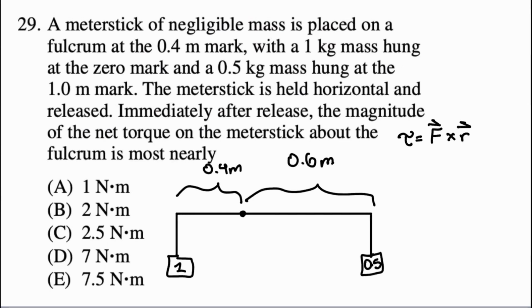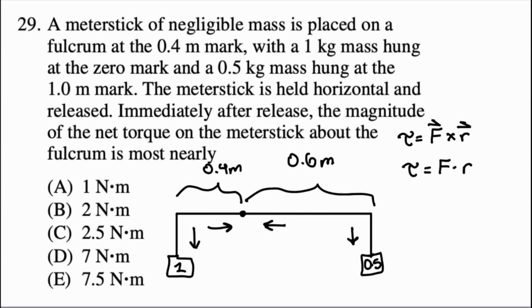But because the two vectors are going to be perpendicular to each other, the force is going to be acting downwards, and the position vectors are going to be directed towards the fulcrum. It doesn't matter.